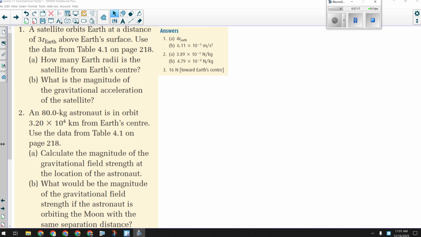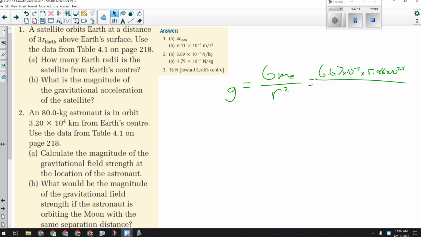Okay, for part B, what's the magnitude of the gravitational acceleration of this satellite? Well, gravitational acceleration is gravitational field strength. So we would have big G times the mass of the Earth over r squared. R is going to be 4 times the Earth's radius. So we'll have 6.67 times 10 to the minus 11 times 5.98 times 10 to the 24, because it's the Earth's gravitational field.